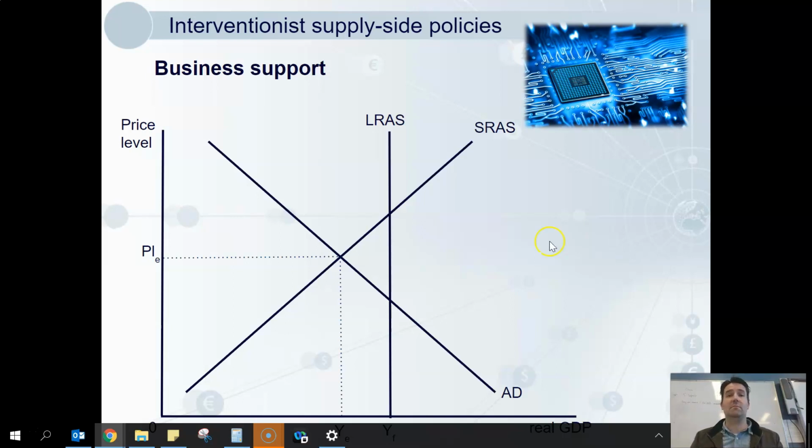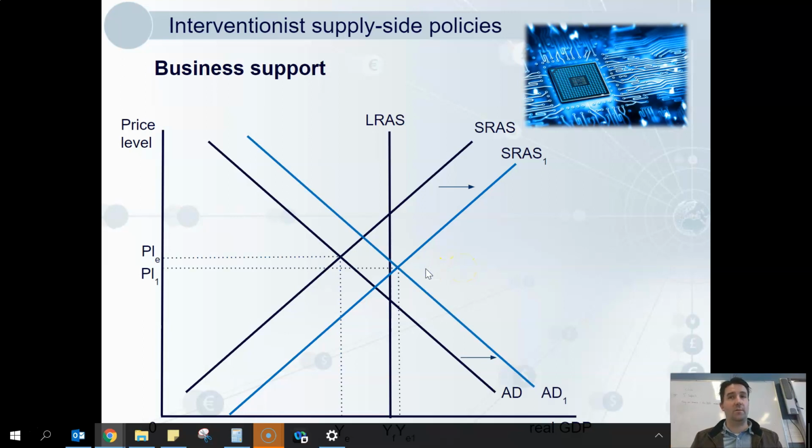The subsidies lowered the cost of production, of course, shifting SRAS, and induced much investment from firms when they invested in this new technology, and that shifted the aggregate demand to the right. Once the industry could grow, it could be seen that the LRAS increases too, as the economy has become capable of producing more than it could in the past. So we see, again, all three curves are shifting.